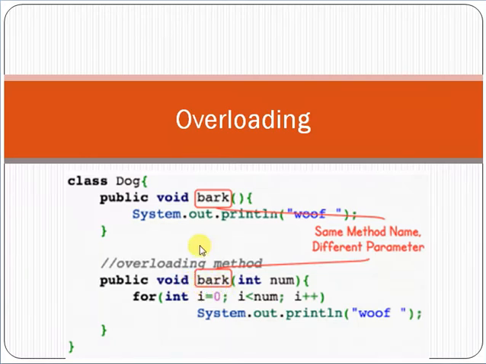Let me give an example. If you make an object of class Dog, dog1, and call dog1.bark without any parameter, it will print only woof.